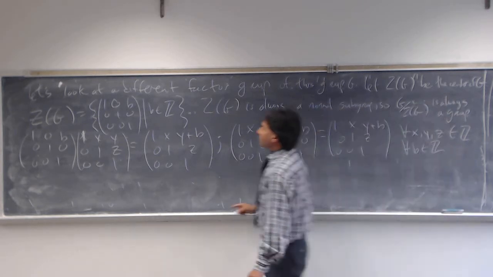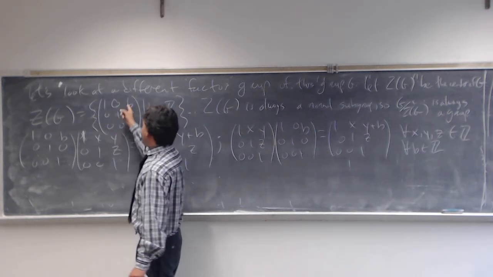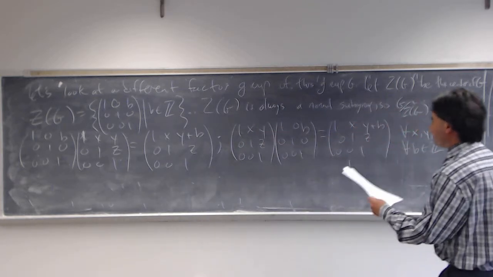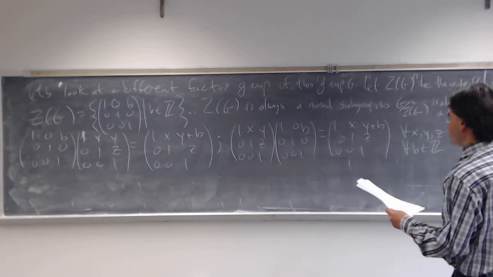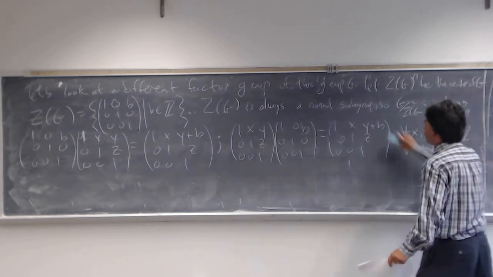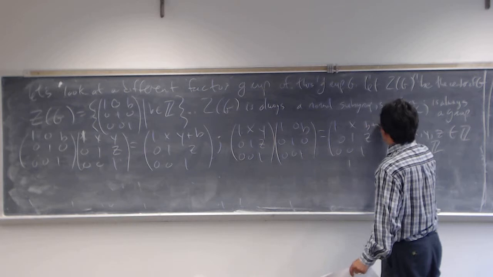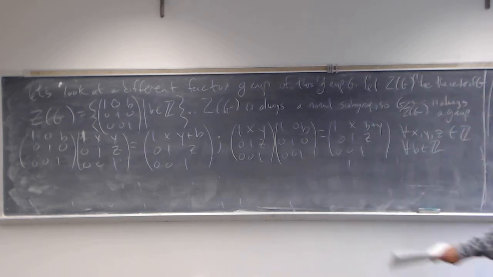And for any matrix in this set, which involves letting B be arbitrary, we look at these two things, maybe I even write it this way. If you want to keep it uniform, it would be B plus Y, but these two things are still the same.